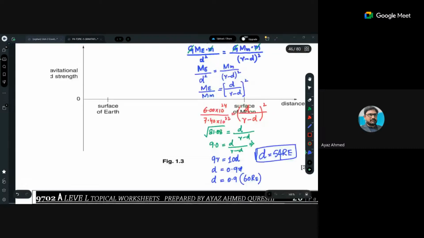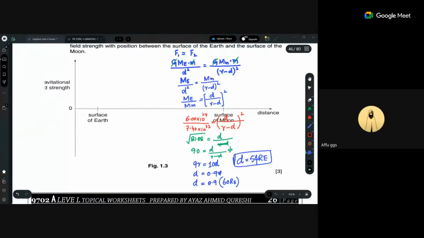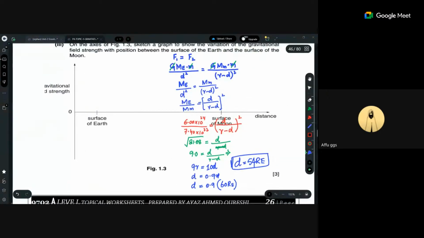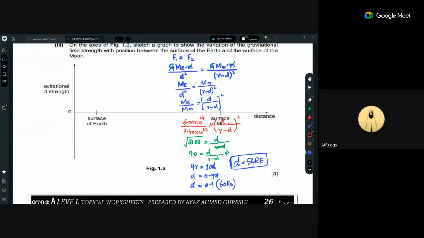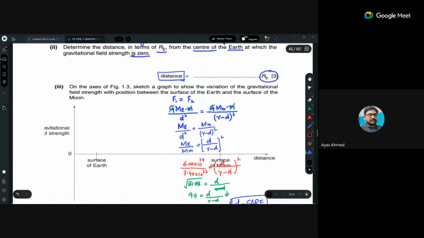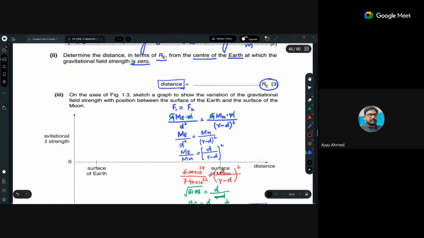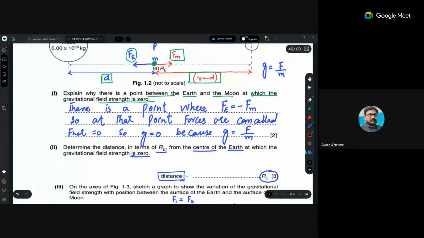Is it clear to all of you? Sir, in F1 equals F2, we cancelled the small m. Was the small m supposed, or was it mentioned in the question? Actually it is supposed that there is a point, so definitely that point would have some mass.